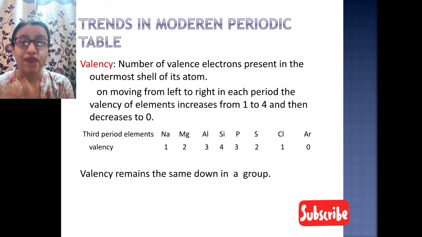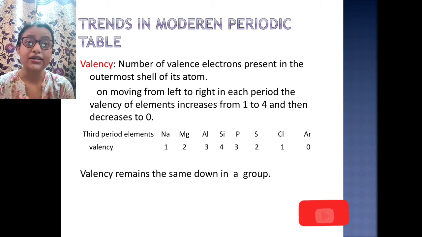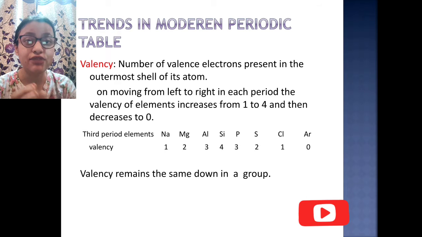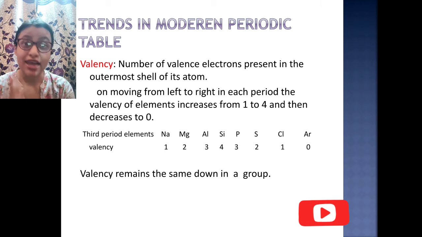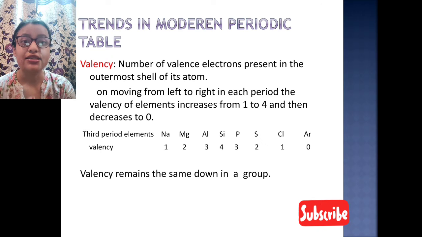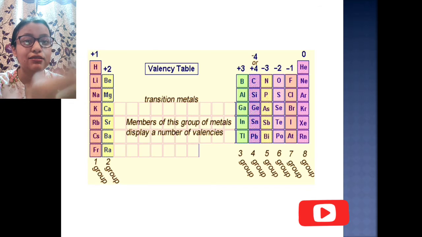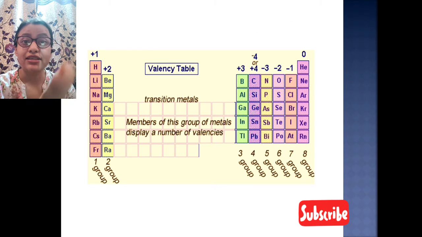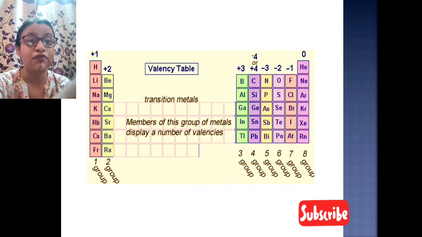Now see valency on moving from left to right. On moving from left to right in each period, the valency of the elements increases from 1 to 4 and then decreases to 0. You see in this periodic table, the valency increases from 1 to 4 and then decreases to 0.